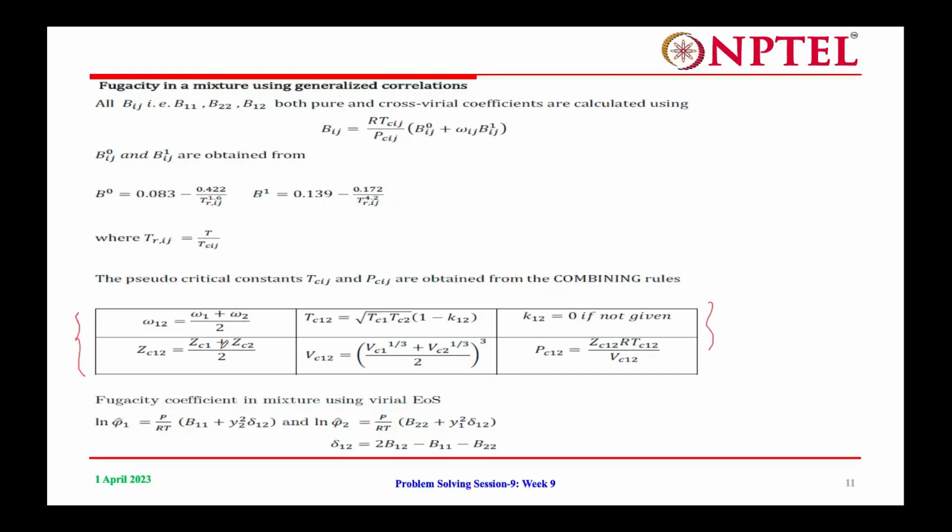First, we calculate these pseudo-critical constants.